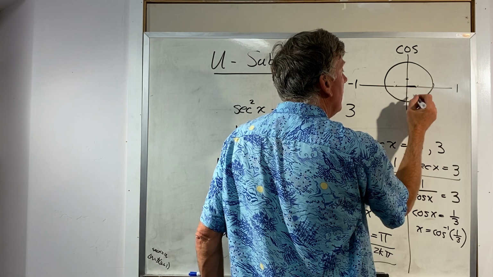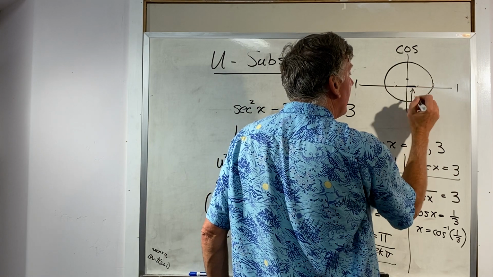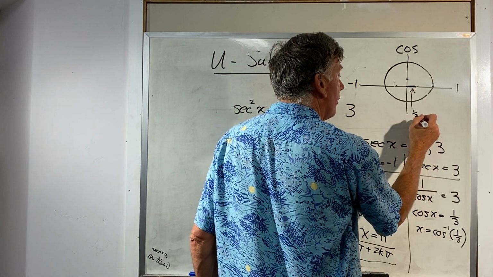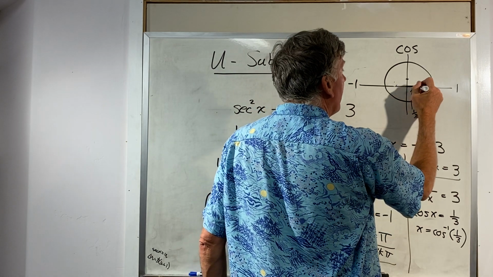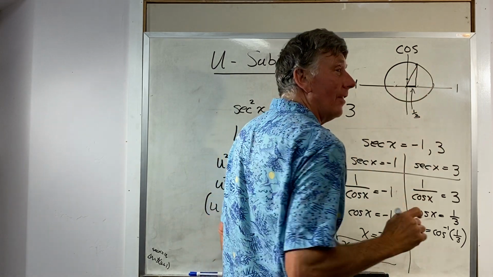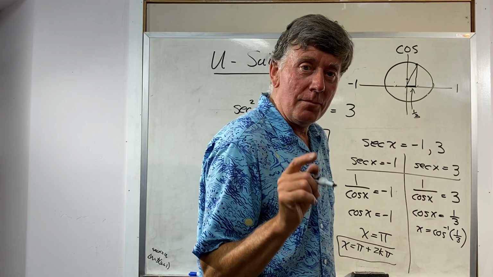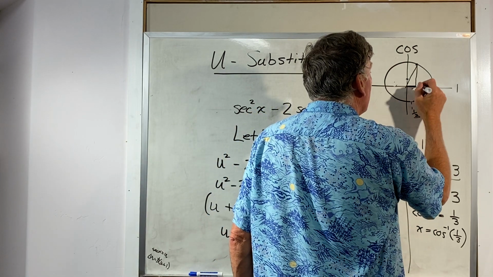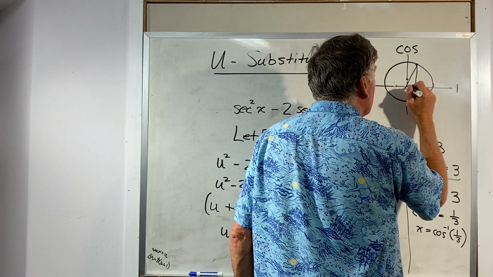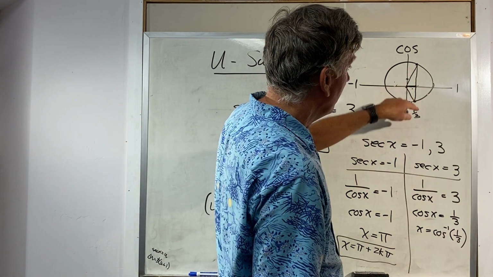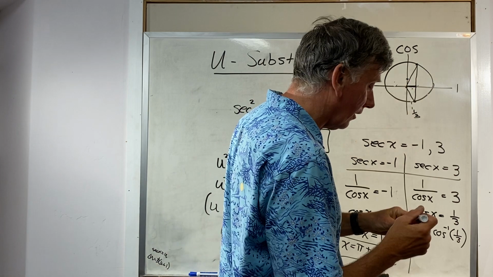That's my x coordinate, 1/3. So I need to find out what this angle is here. That's one of them. But I also have this one here. My cosine is 1/3 for this angle as well.